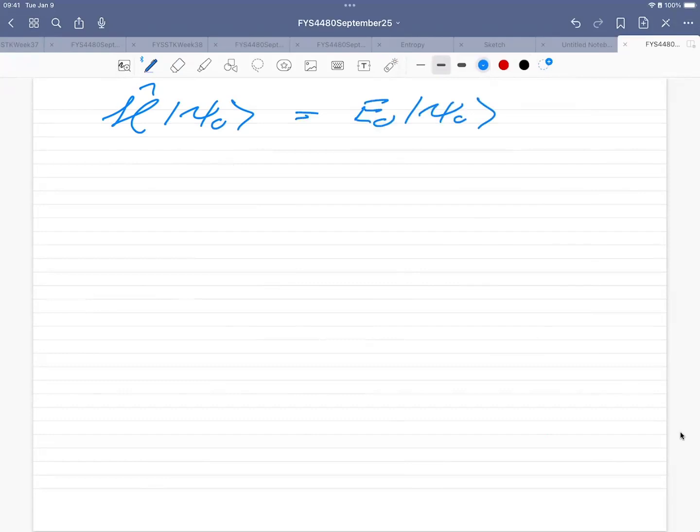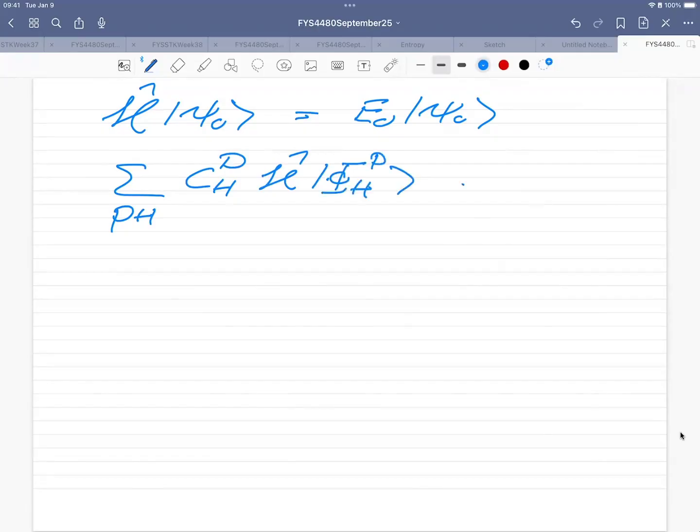Now, this equation here, when we now collect the different parts, reads: we have a sum over pH, and then we have C^H_P, and then we have the Hamiltonian acting on this series of states, Φ^H_P, and this is equal to E0, and then we have the sum over pH, and then we have C^H_P here, like that.